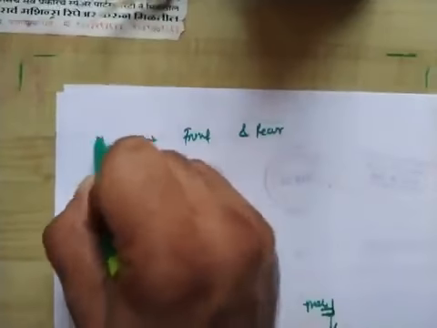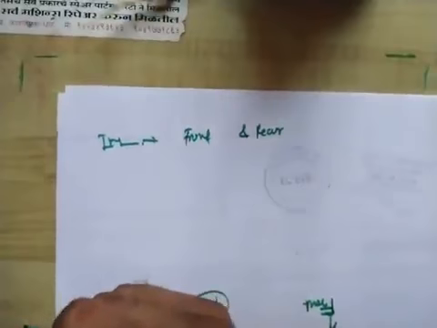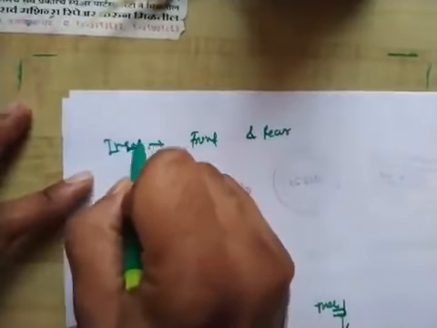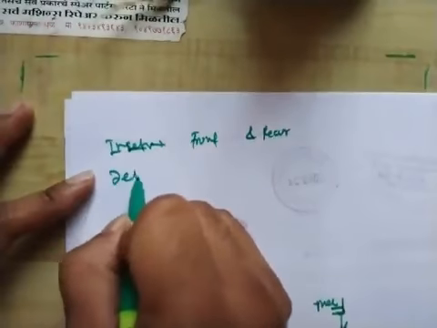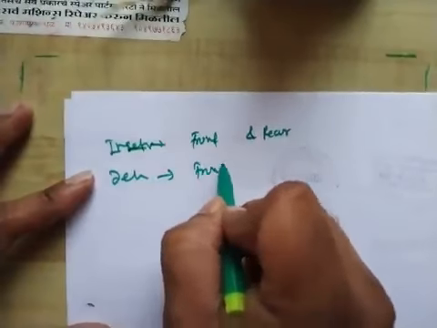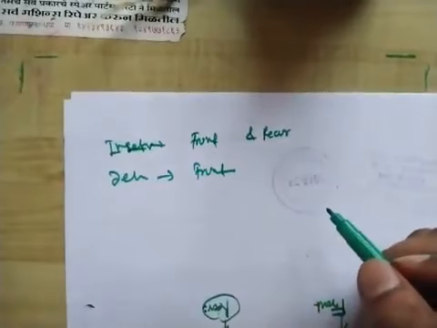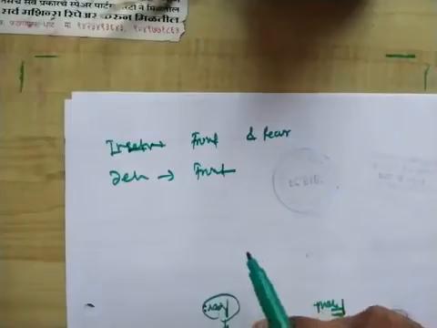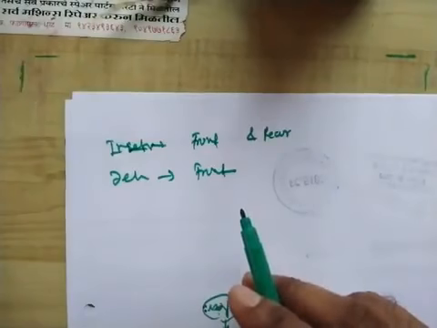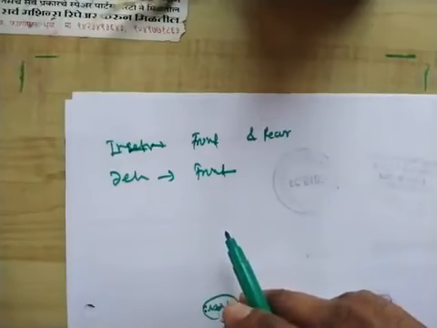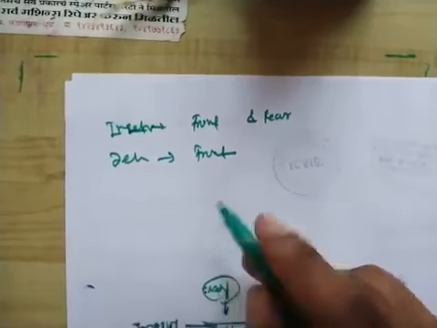We can perform insertion through both ends, and deletion through only the front end. We can perform insertion to both ends, that is front end and rear end, but deletion can be only at the front end.